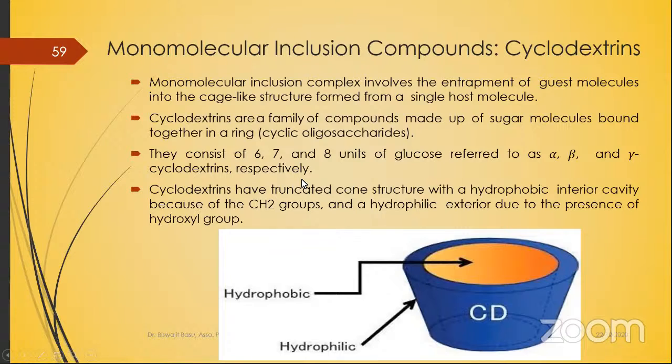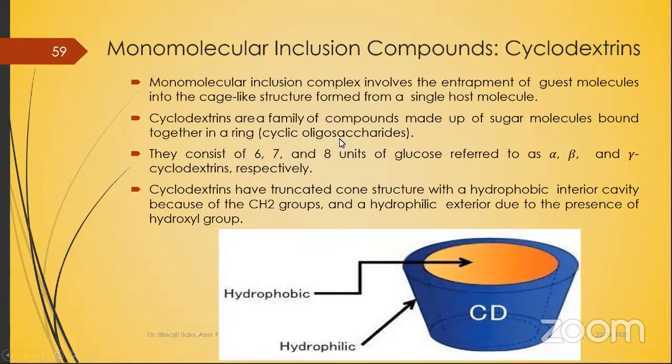They consist of 6, 7, and 8 units of glucose, which are referred to as alpha, beta, and gamma cyclodextrin. Six glucopyranose units means alpha cyclodextrin, or alpha CD. If it consists of 7 glucose units, then it is known as beta cyclodextrin.